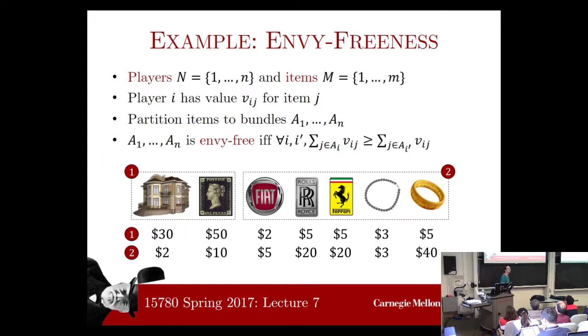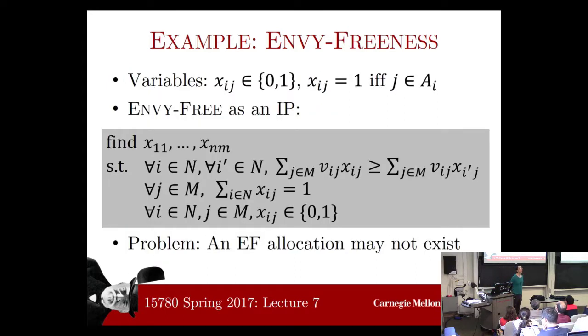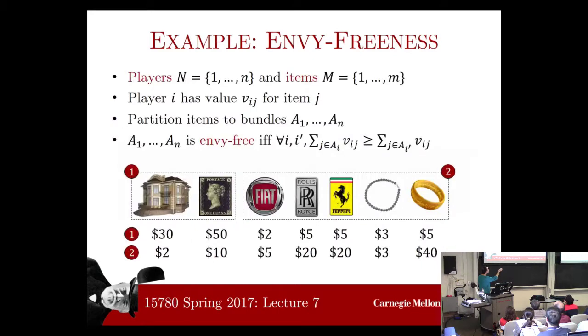Yeah. Can you repeat why it is a v_ij and not a v_i prime j? Yes. So Dimitrios is asking why is this v_ij, not v_i prime j? Oh sorry, here you mean. Yeah, so if you go back here, this constraint is saying the value i has for his bundle is at least the value i has for the bundle of i prime.